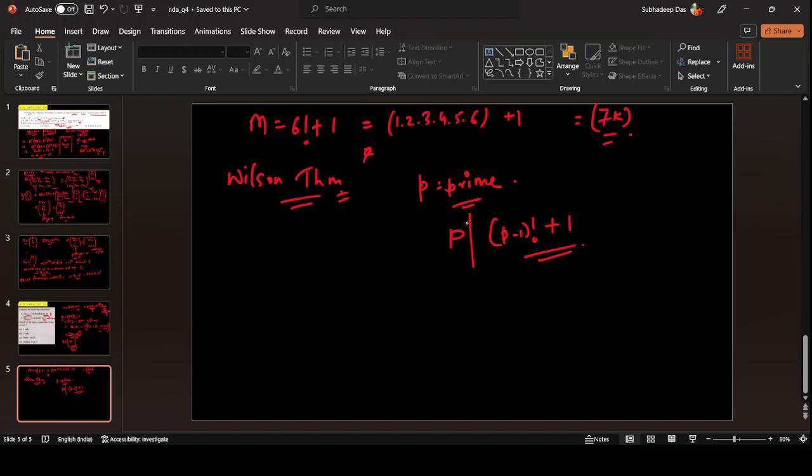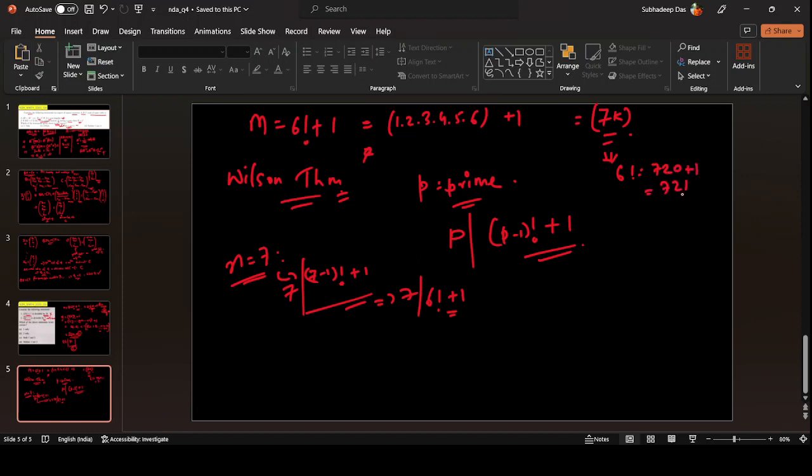So we can see that here p is 7. So 7 divides (7 minus 1) factorial plus 1, that is, 7 divides 6 factorial plus 1. Moreover, we can calculate it: 6 factorial is 720, plus 1 is 721, and it can be written as 7 into 103.